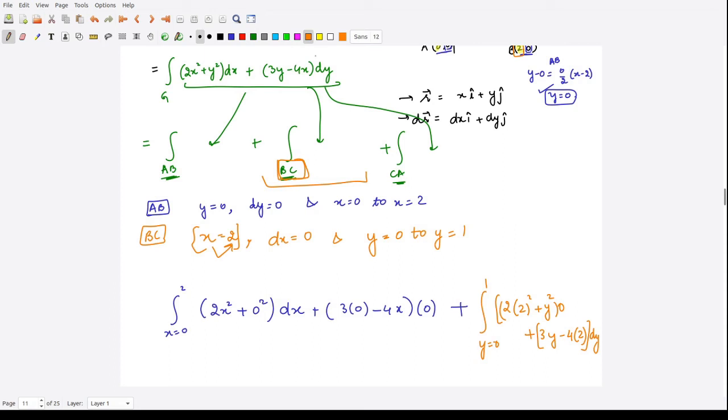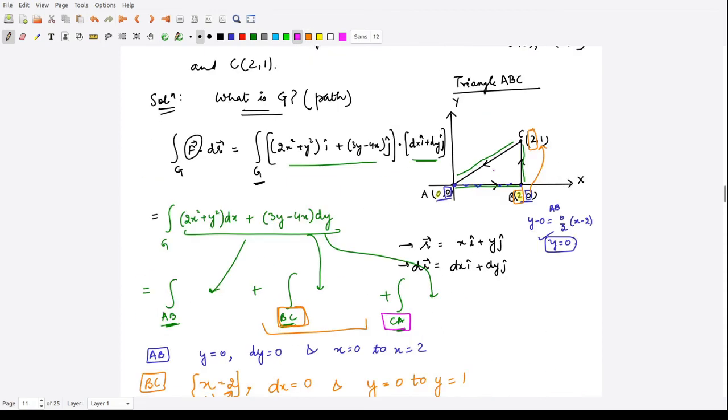So this is our second integral, and on similar lines we can also evaluate it for CA. When you calculate it for CA, now here look at this, you cannot directly evaluate what is the equation for this line.